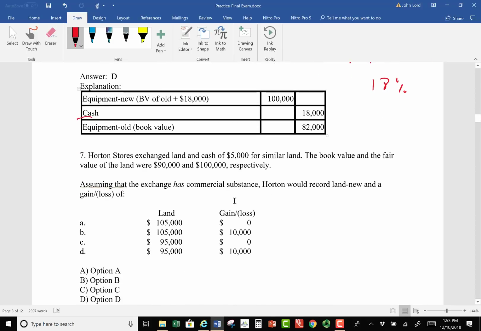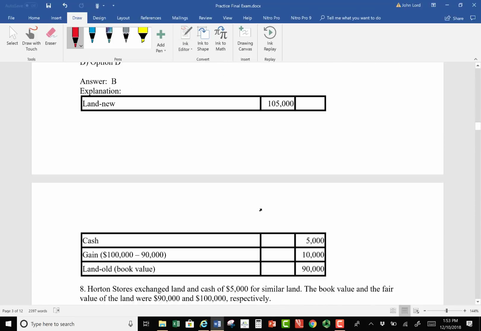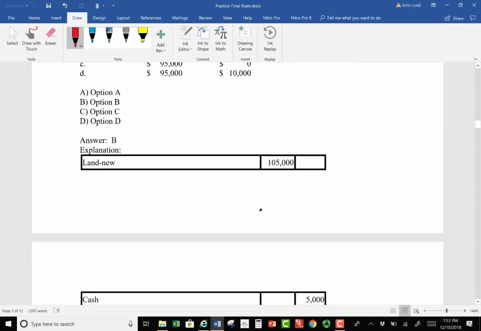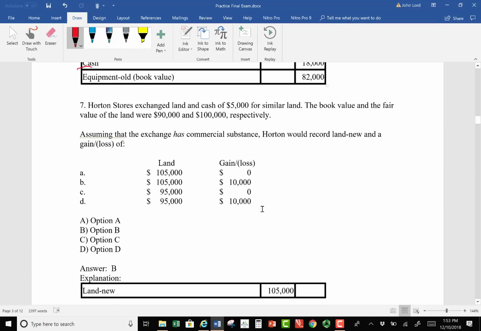Okay, number 7. Horton Services exchanged land and cash, meaning they paid cash, for similar land. The book value and fair value of the land were $9,000 and $100,000 respectively.